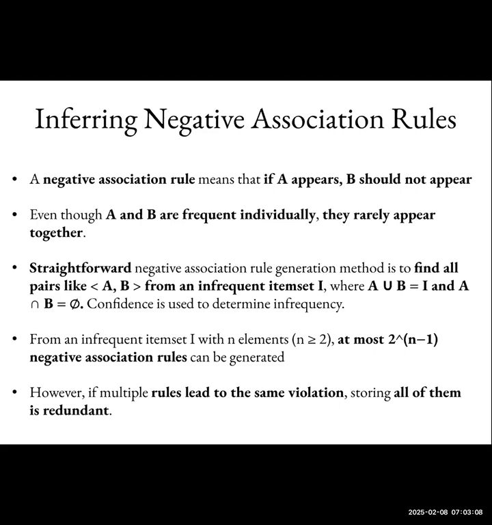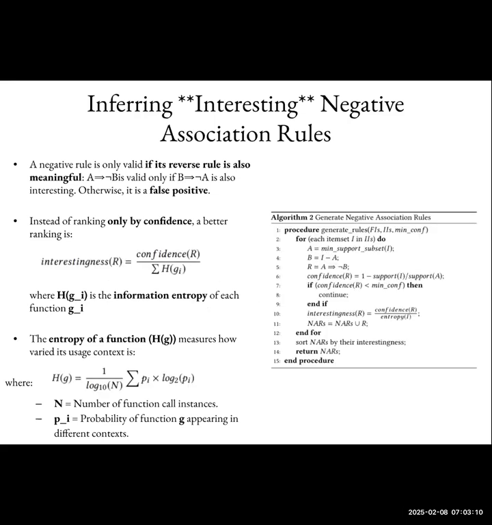To address this, they come up with a way to infer interesting negative association rules. A negative rule is only valid if its reverse rule is also meaningful. Otherwise, it's considered a false positive. That's what they propose.